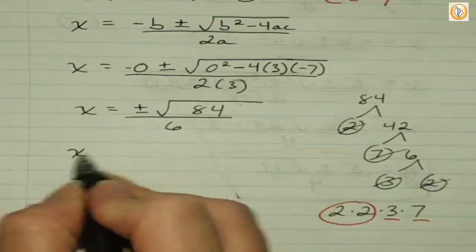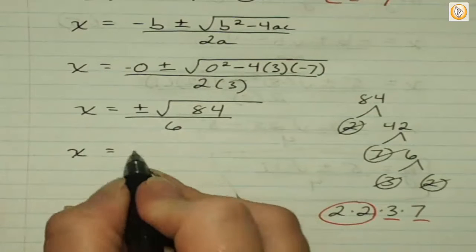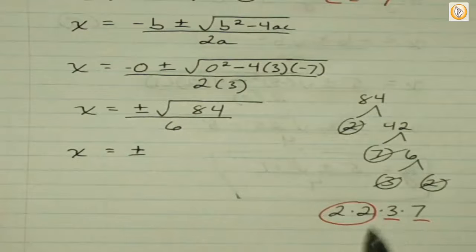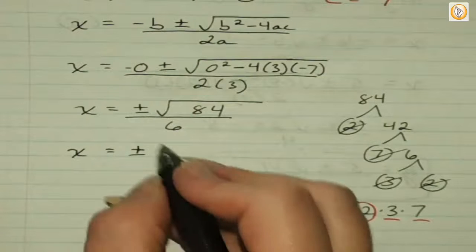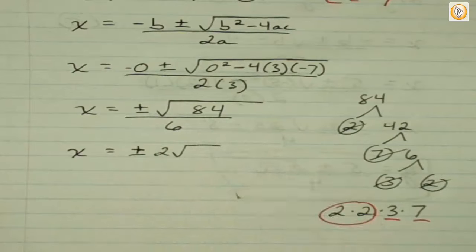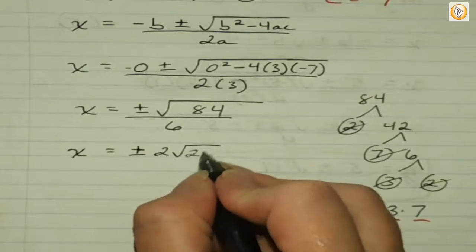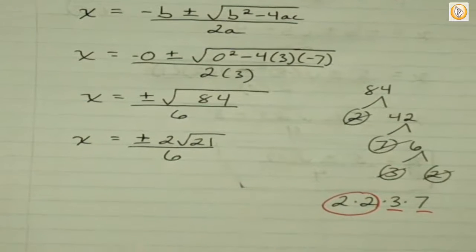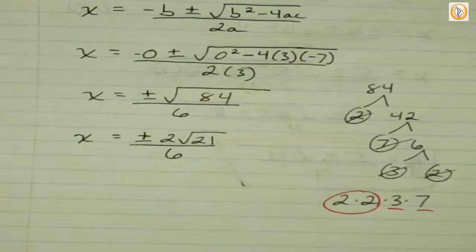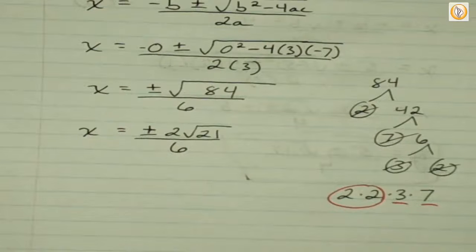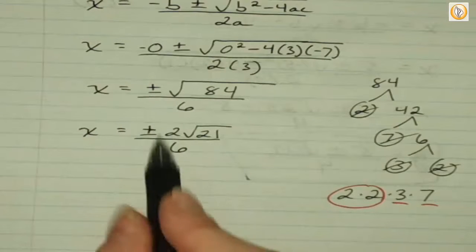So back up to here. x equals plus or minus, how would I write this? 2 goes on the outside, and then 21 goes on the inside, over 6. Now, Aiden, can I do any simplifying?